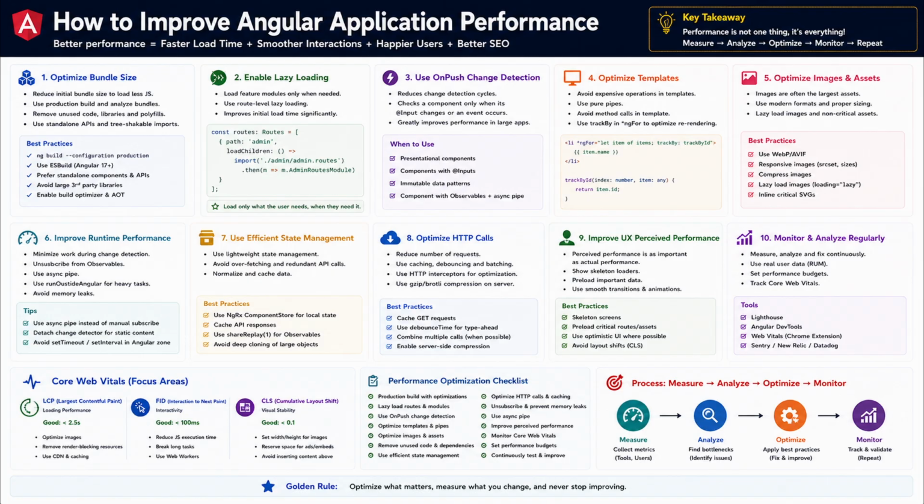That will improve your performance. Apart from that, we can use switchMap to avoid duplicate API calls, debounceTime to avoid duplicate API calls, or again we can use signals. We can use standalone components for lazy loading. Yeah, these are some ways we can improve your application performance.